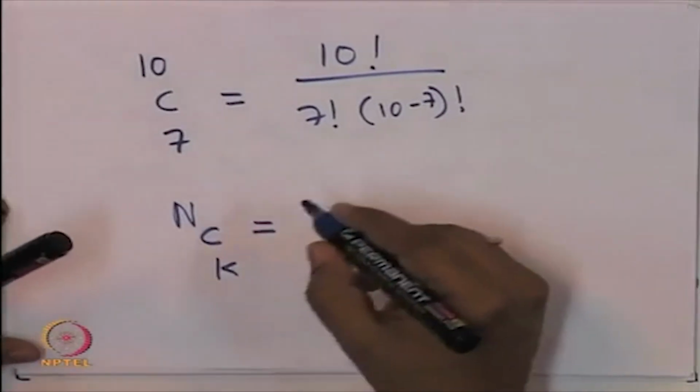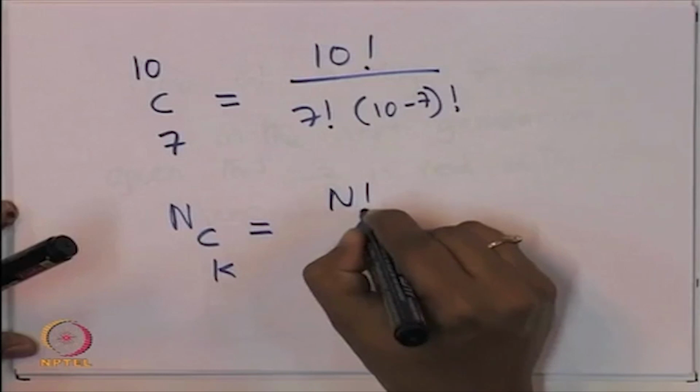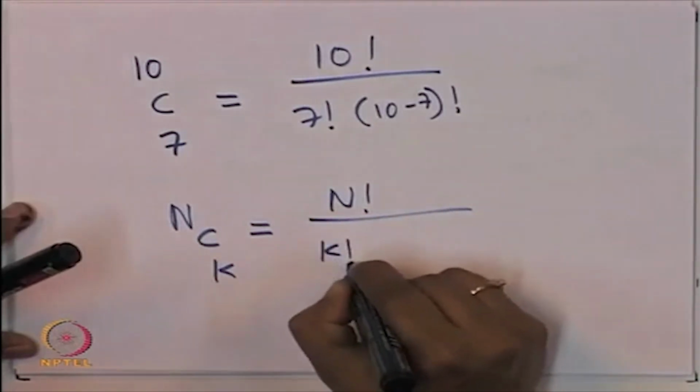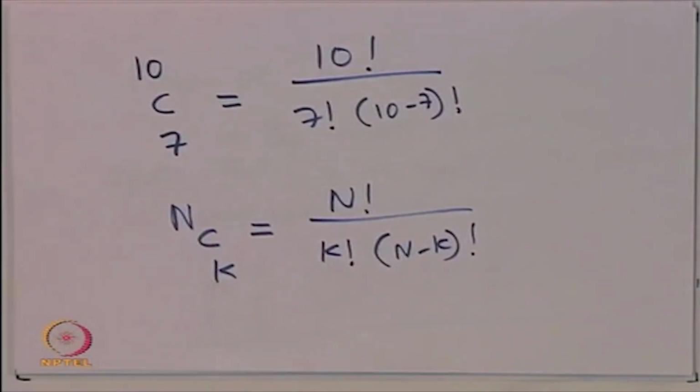It is also sometimes called n choose k. So, it is basically n factorial divided by k factorial into n minus k factorial. This is the formula.